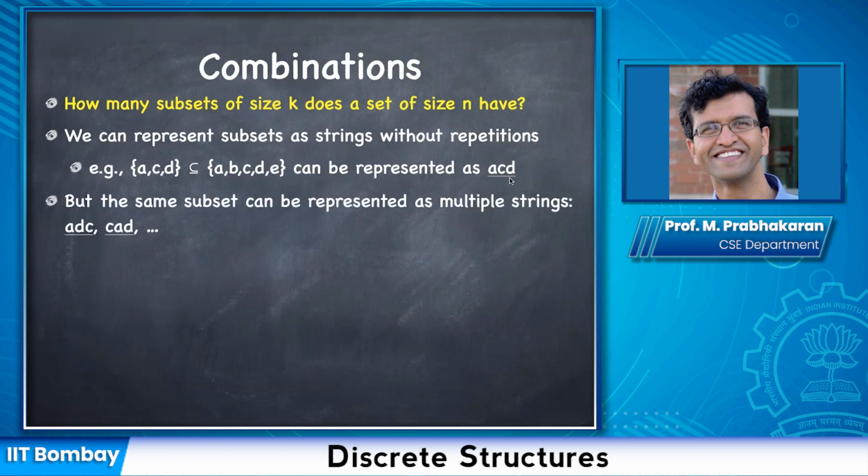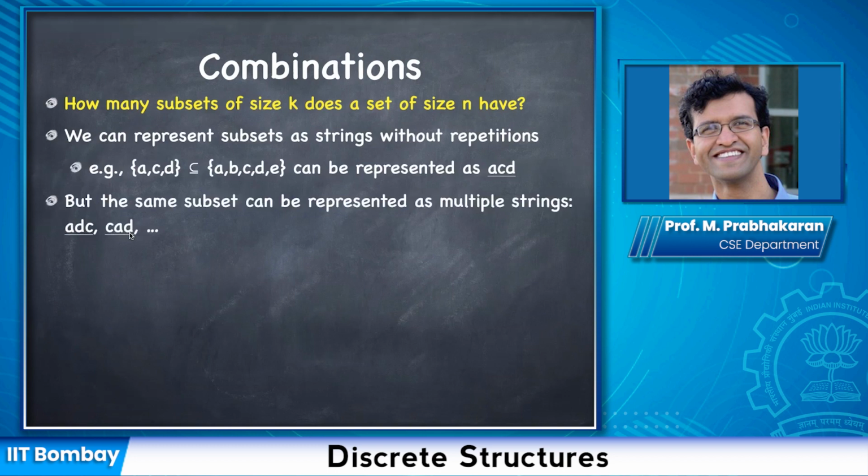But one problem is that this representation is not unique. The same subset A, C, D could be represented using multiple strings like ADC or CAD. So these are strings without repetition, but the order is different.